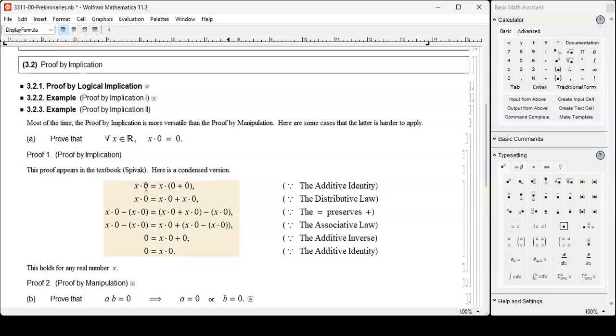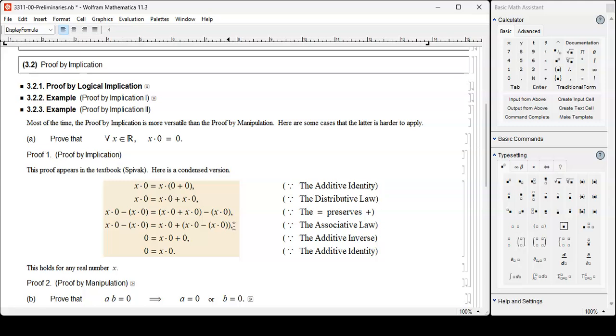Here's an example. 0 is 0 plus 0. I just use additive identity and then use a distributive law to break those off, and then use associativity. No, I didn't use associativity, excuse me. I just subtracted the same thing from both left-hand side and right-hand side.